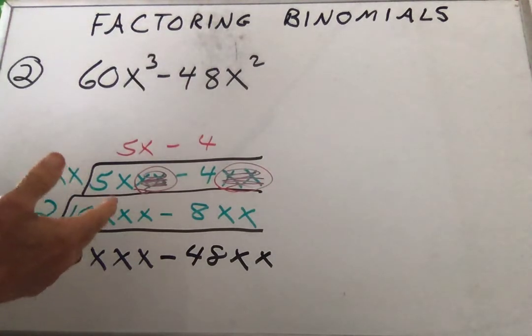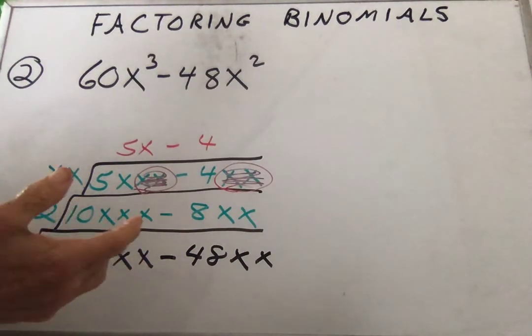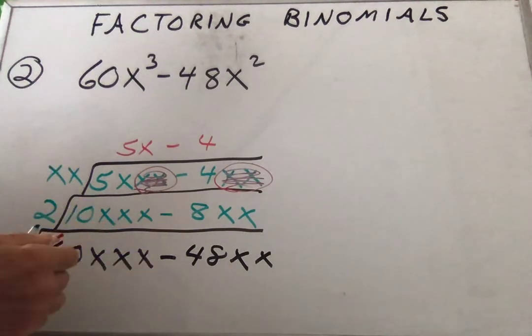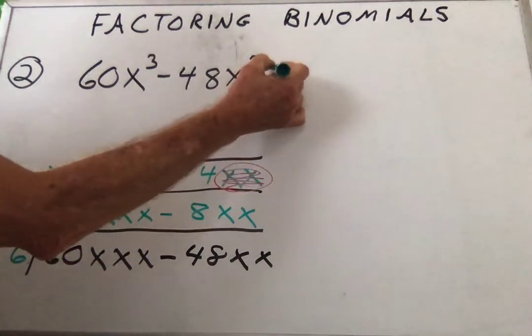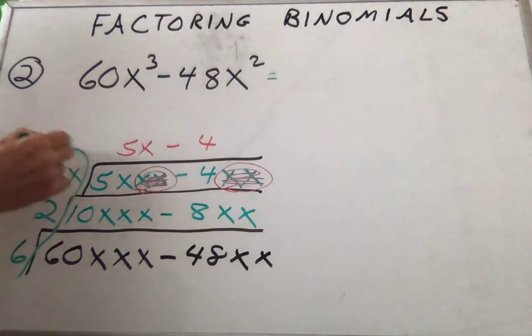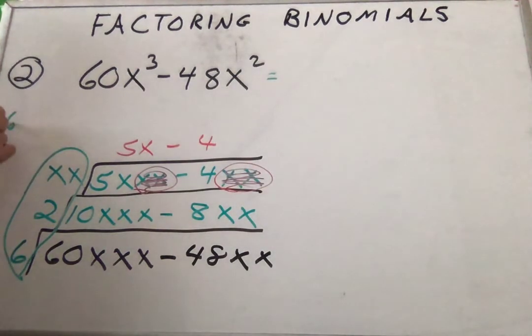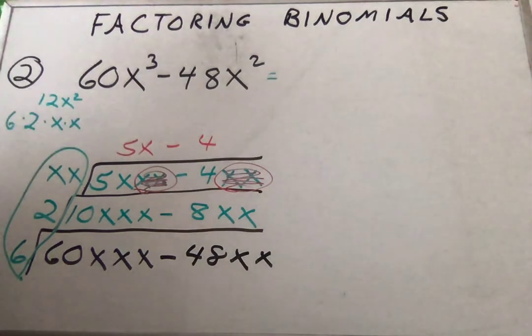So that's 12x squared. That goes outside. So the GCF always goes outside. So I put 12x squared. And whatever is left over, as long as you did it completely, you'll have the right answer. Goes inside. 5x minus 4.